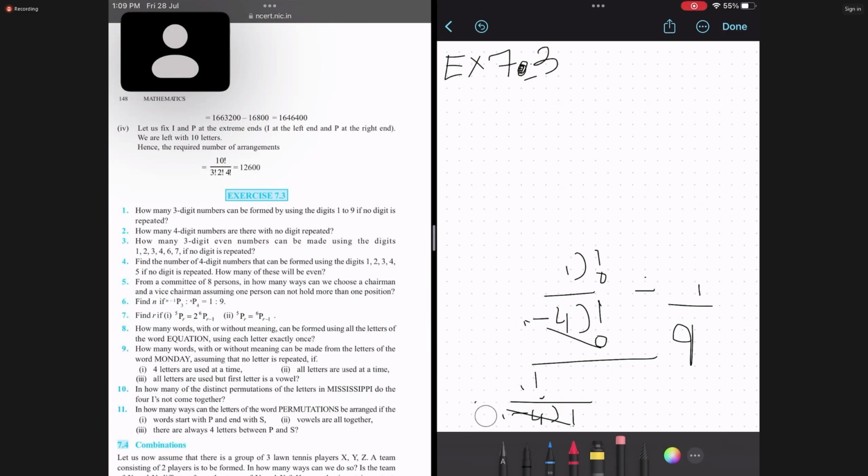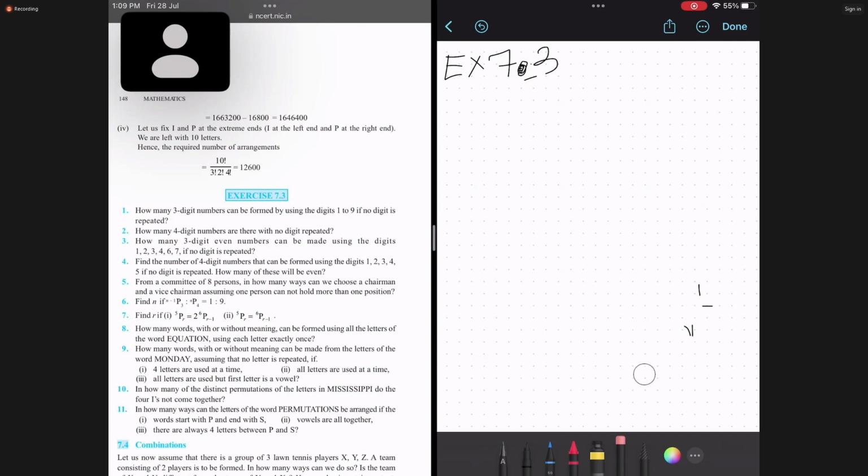Moving on. Now we have question number 7. Correct. In question number 7, we have to solve for 2 parts, right?